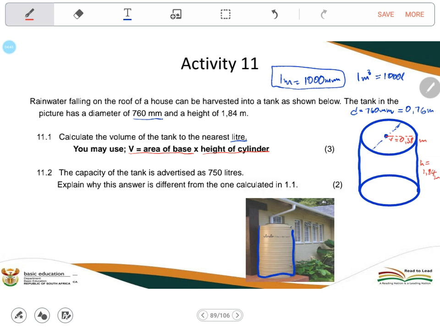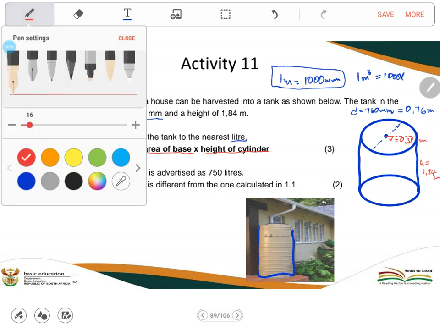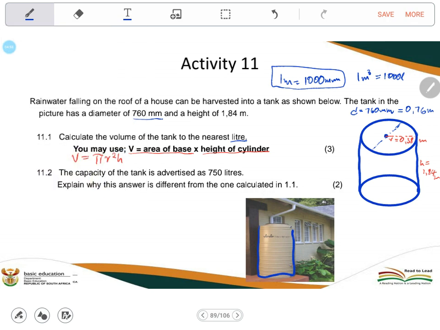Now let's stick to what we know. We know that the volume is equal to pi r squared h. So this is the volume of the cylinder.